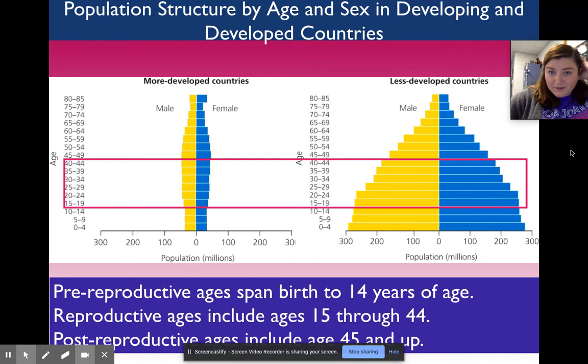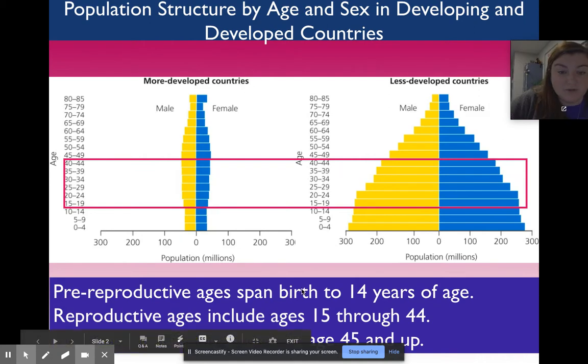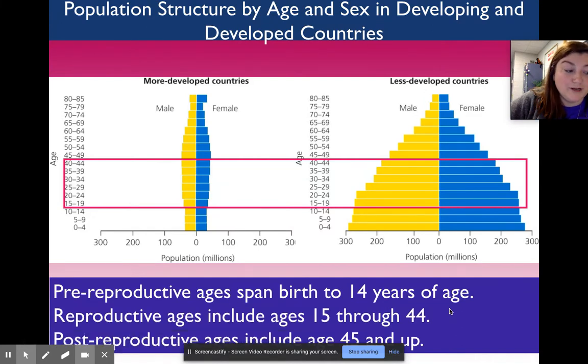So, population structure can generally be shown with these age structure diagrams. They're basically just visual aids that show the distribution of males and females in each age group. So you can see the way they have this divided up down below: pre-reproductive ages being 0 to 14 years old, reproductive ages being 15 through 44, and then post-reproductive ages, meaning after your reproductive time period, being 45 and up.